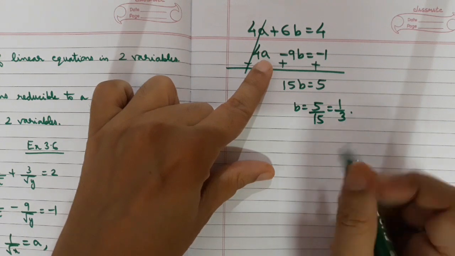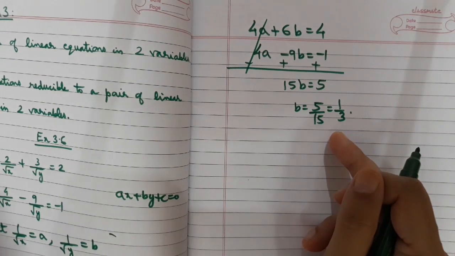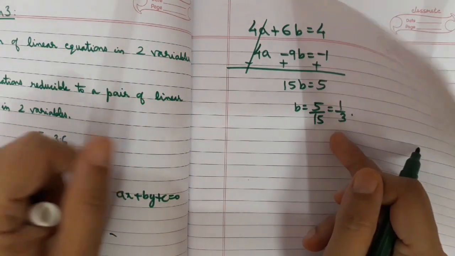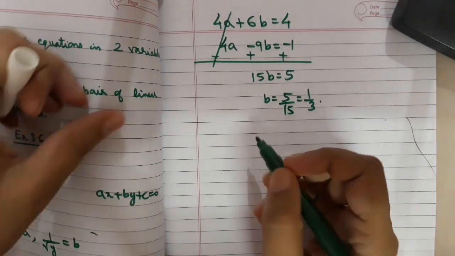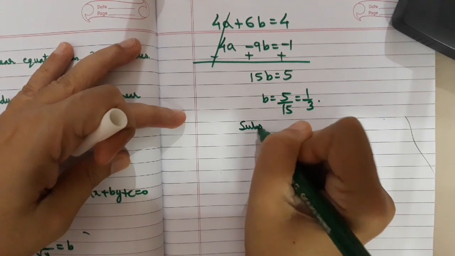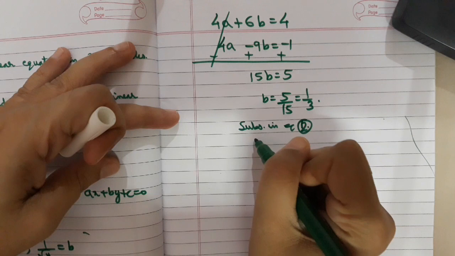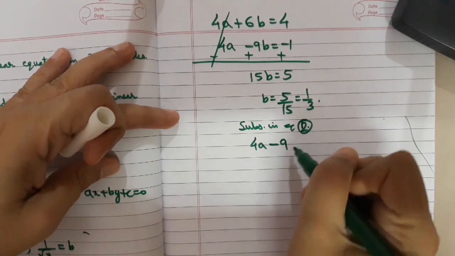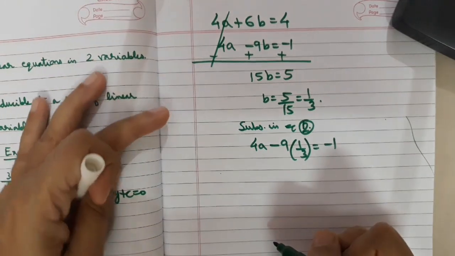Now we will substitute this value of b in any of the two equations and find the value of a. So I am substituting the value of b in equation 2. Substituting in equation 2 we obtain 4a minus 9 into 1 by 3 is equal to minus 1.